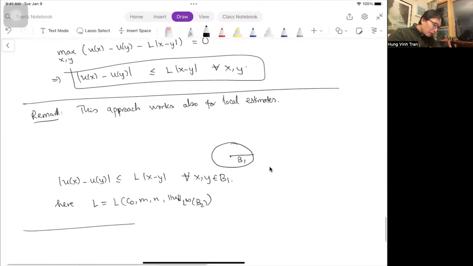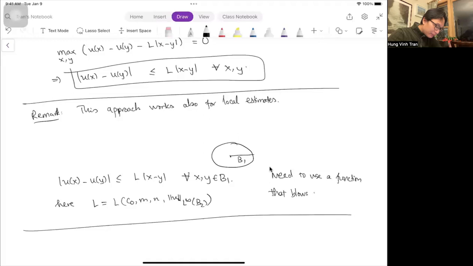Okay. The proof goes in exactly the same way. It's just a bit more tedious because what you really need is to also use a function that blows up at the boundary. Okay, so that's all.